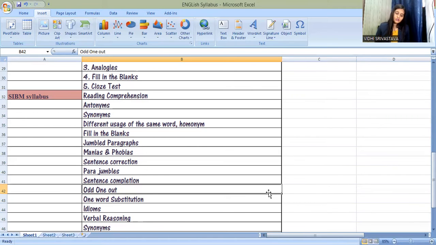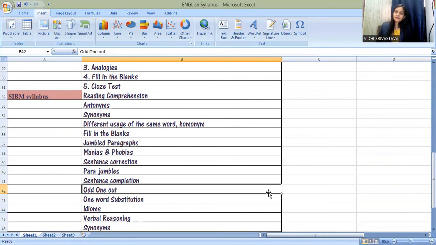Other than that, you have RC. Now, the length of RCs also changes depending on the exam that you are giving. If you have aimed for cracking CAT, then you have to solve a certain length of RC.